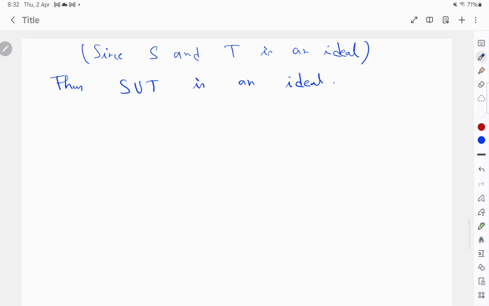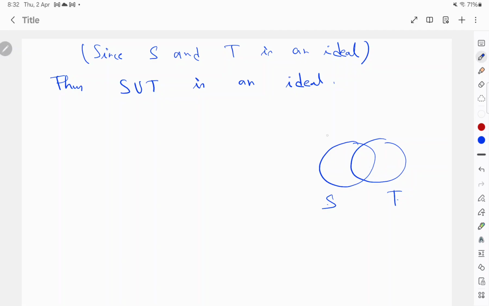Now what you have to prove is that S plus T is the smallest one. Smallest means, basically this is your S, and suppose this is your T, and this itself is S plus T. This is not the union.